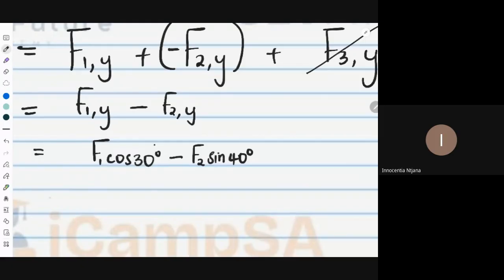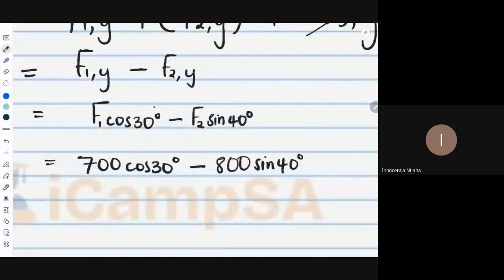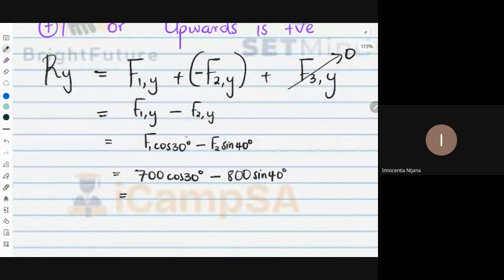So let's substitute the values. F1 is 700, while F2 is 800. What answer do you guys get? Please give it to me. Sencha, your hand is still up.